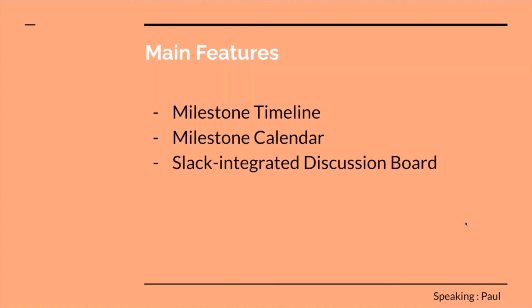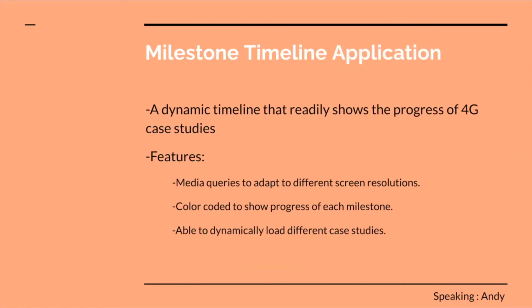And now we will go into more detail about each of the main features, and Andy will start us off. So again, to reiterate some of the features of the timeline, I included media queries that basically change the timeline to constrain to smaller resolutions. Again, we have color coding to show different progress for each milestone, green being dates that have passed and orange being ones that have not.